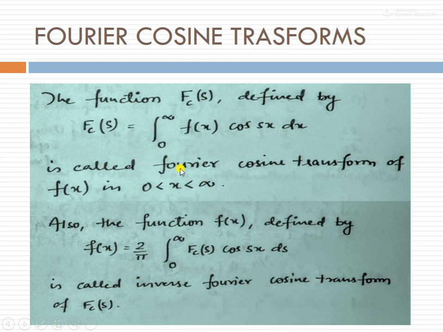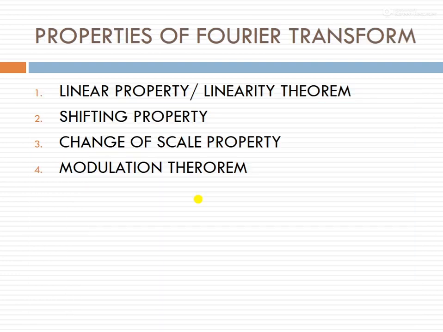Also the function f(x) is defined by f(x) equal to 2/π times the integral from 0 to infinity of Fc(s) cos(sx) ds, which is called the inverse Fourier cosine transform. So here we looked at the general formulas of the Fourier transform, inverse Fourier transform, Fourier cosine transform and inverse Fourier cosine transform, and Fourier sine transform and inverse Fourier sine transform.